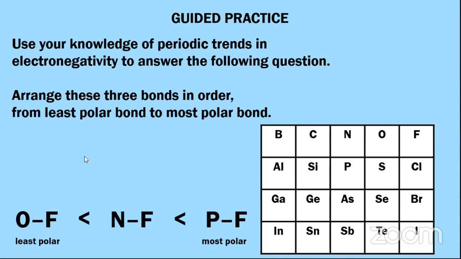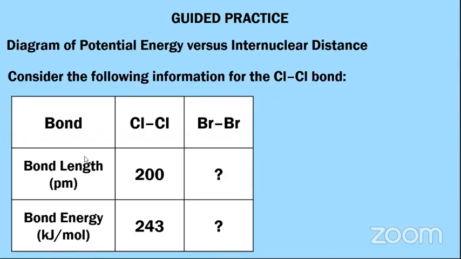All right, as I mentioned earlier, we're going to revisit that diagram of potential energy versus internuclear distance. And we have two bonds, the bond between chlorine atoms and the bond between bromine atoms. We are told that the bond length is 200 picometers and the bond energy is 243 kilojoules per mole for the chlorine-chlorine bond.